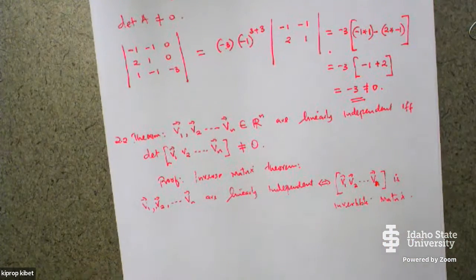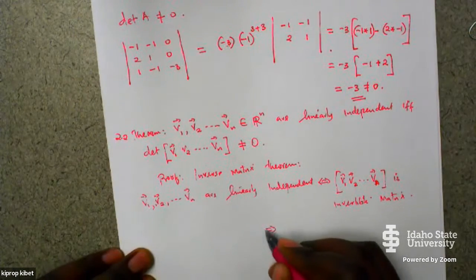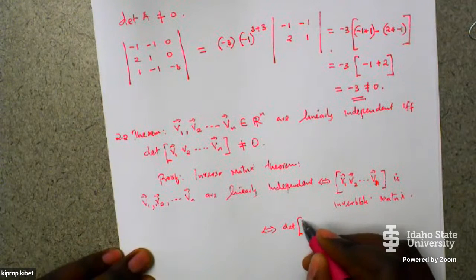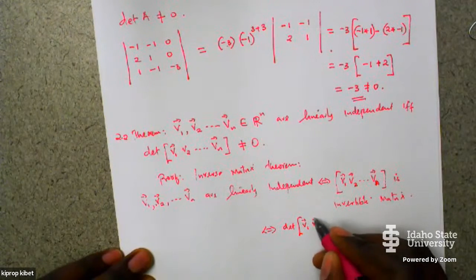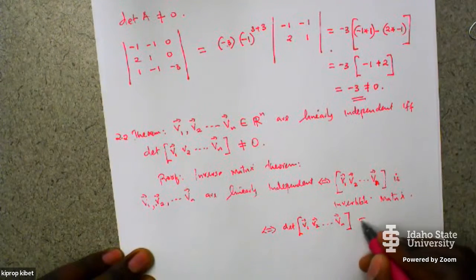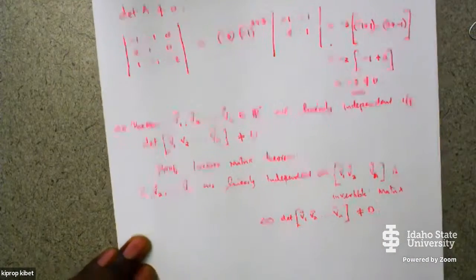That means the determinant of [v1, v2, ..., vn] is not equal to 0.